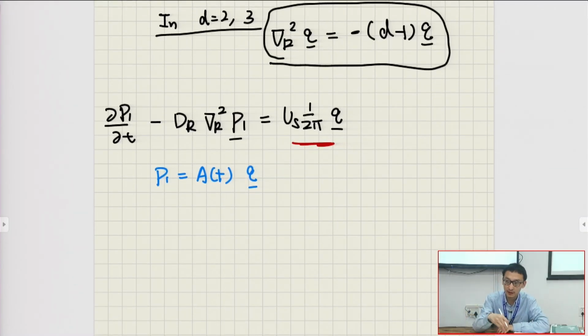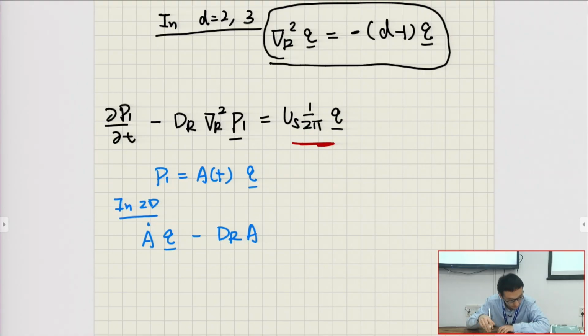So if we put that into our equation, what we get is a dot, that's a time derivative, times q, minus dr a, and the Laplacian of q is, say we're in 2D just for simplicity, but this works in any dimension, so that's minus 1 q, right? So there's a minus sign. Q is speed over 2 pi times q.